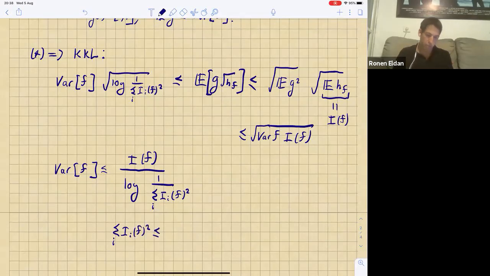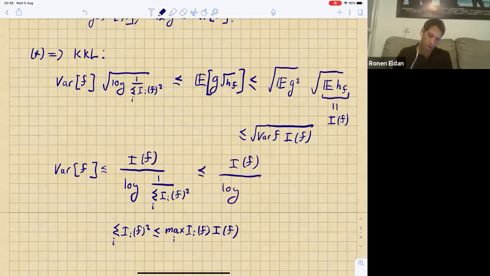It is definitely smaller or equal than the max influence times the total influence, which means that this is smaller than the total influence over log of 1 over the total influence times 1 over the max influence.